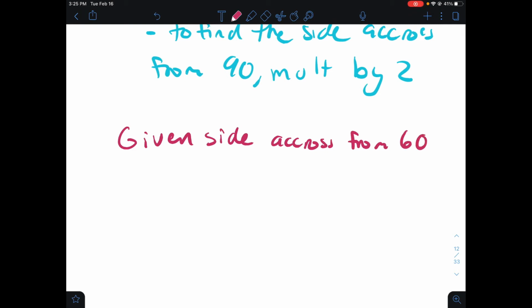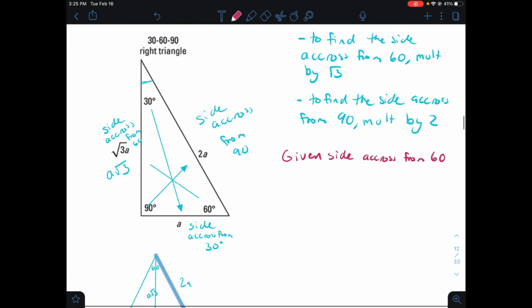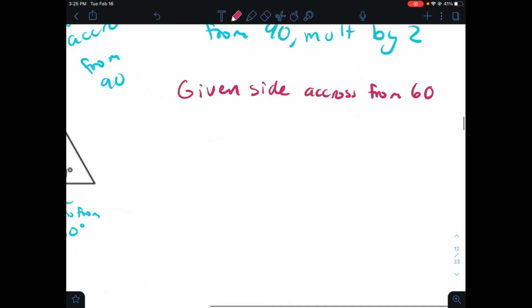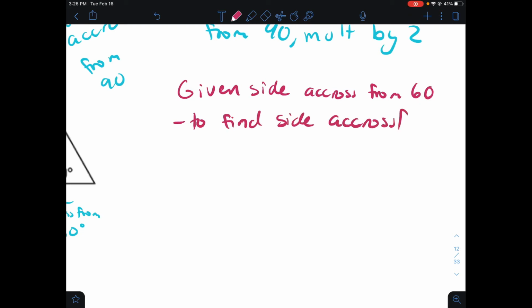So if you're given the side across from 60, that means that you're given this side here. So to find the side across from 30, you're going to divide by root 3.